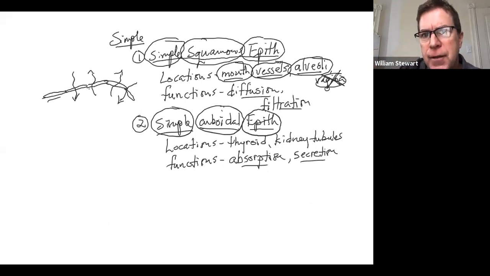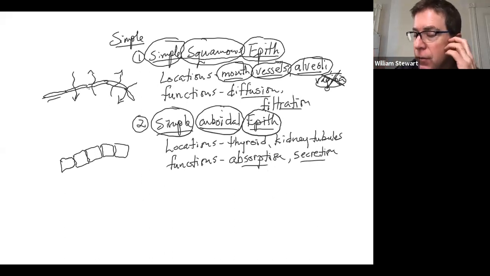So this would be a single layer of box-like looking cells that cover a surface or line a surface. A single layer. Absorption literally means moving across this membrane like we did up here, only it's for a different purpose.